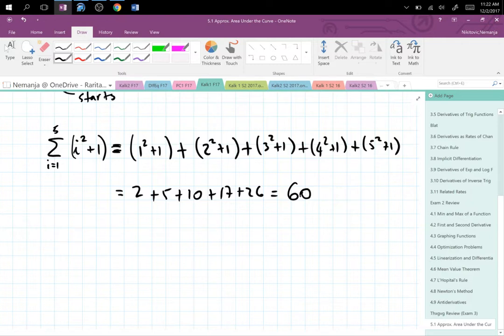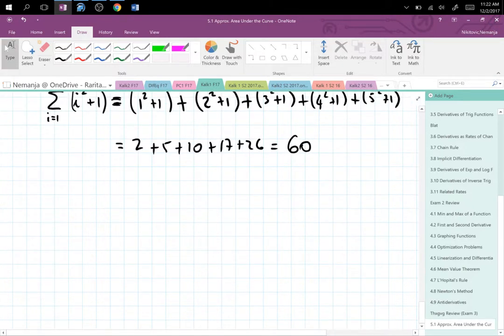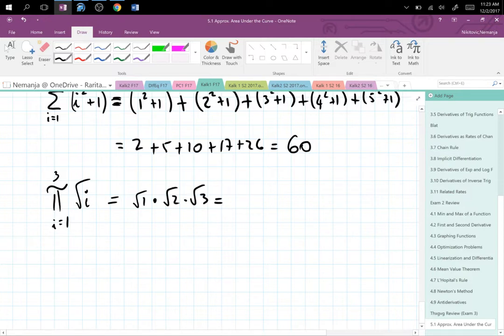There's another one, there is pi, and that's multiplication. We don't cover that one in calculus at all, but if you have pi, I goes from 1 to 3, of, let's say, square root of I, you will get square root of 1 times square root of 2 times square root of 3 to get square root of 6, right?